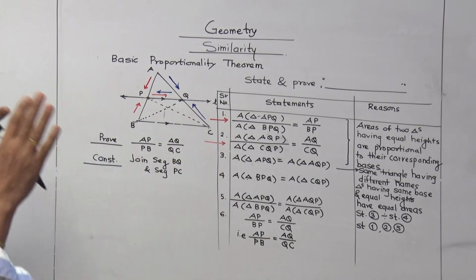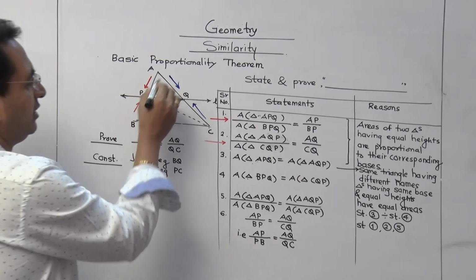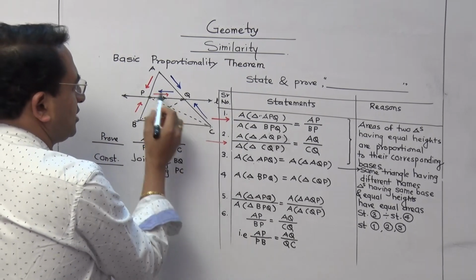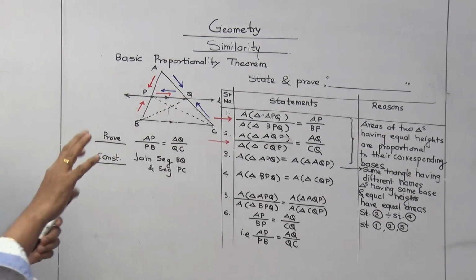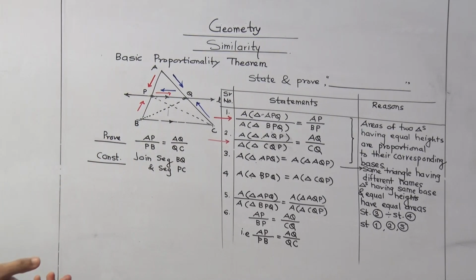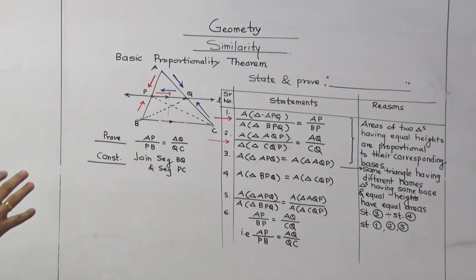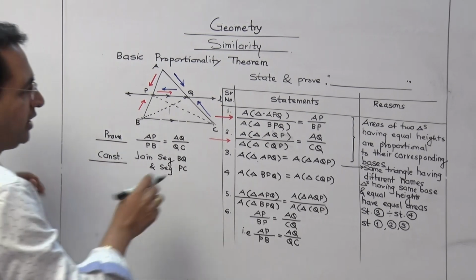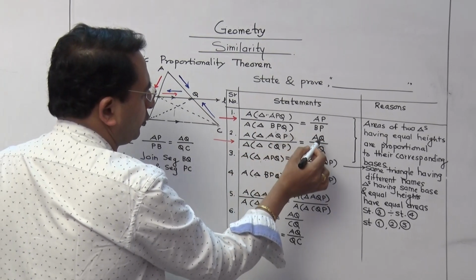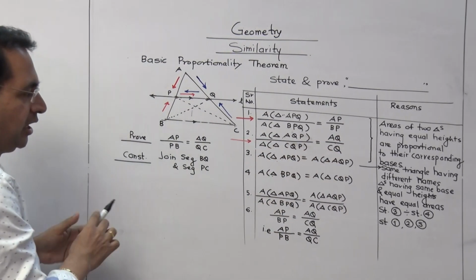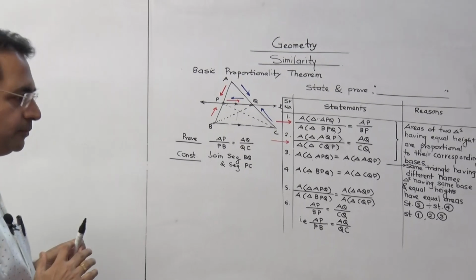Once you understand, we are going to name the triangles, the way I have mentioned with the red color and blue color pen. So naming is proper. Once you write the name, these triangles have equal heights, therefore their areas will be proportional to their corresponding bases. That is what we have to manage.